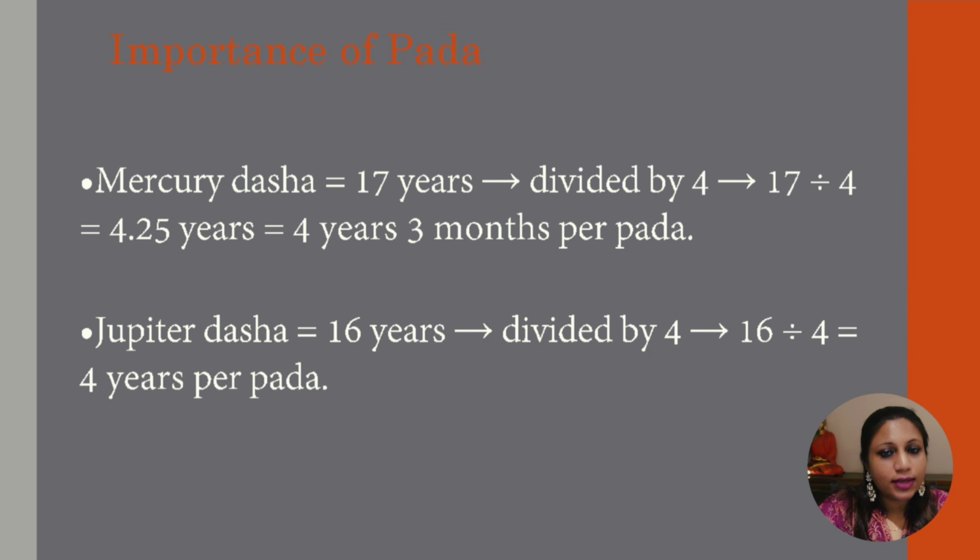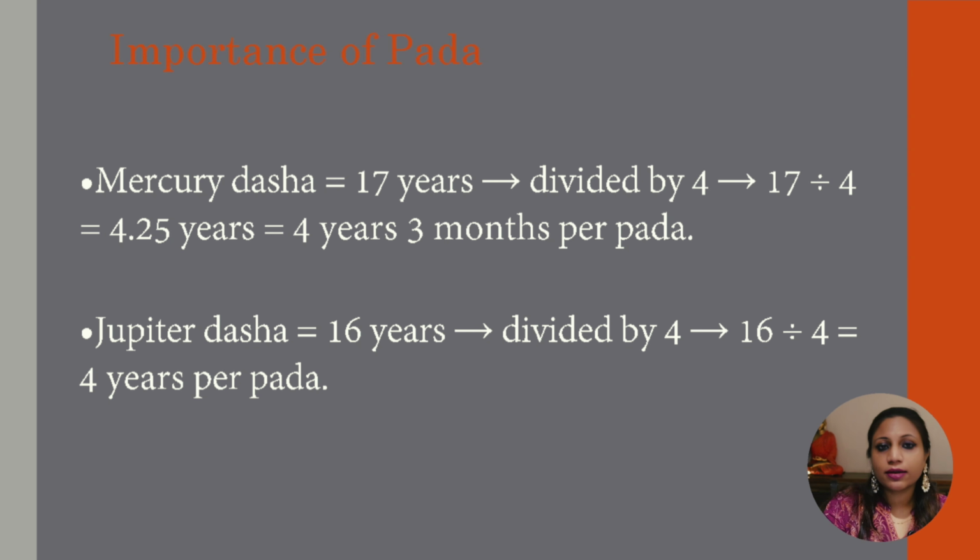If Mercury is placed in the nakshatra of Ashwini, Ashwini's range is from 0 degrees to 13 degrees 20 minutes. This span is further divided into 4 parts, which is called the pad of each nakshatra.